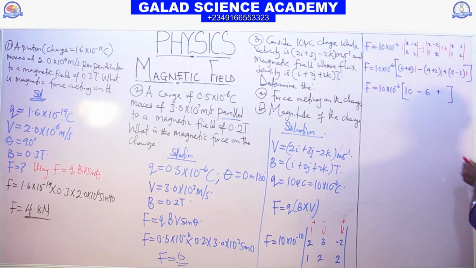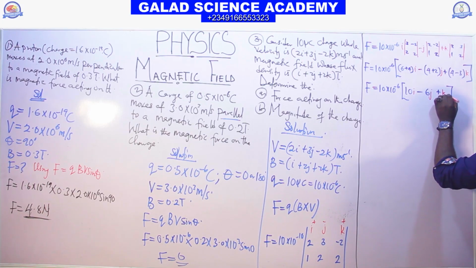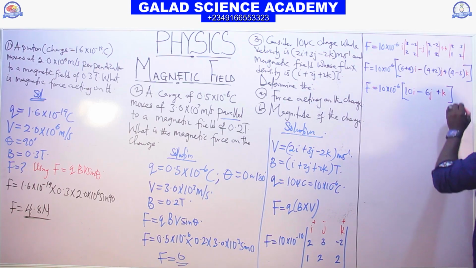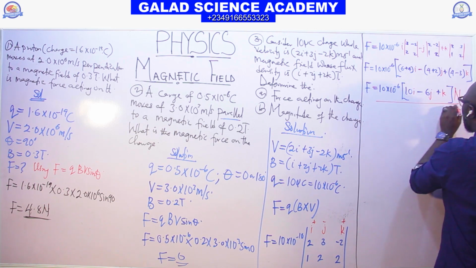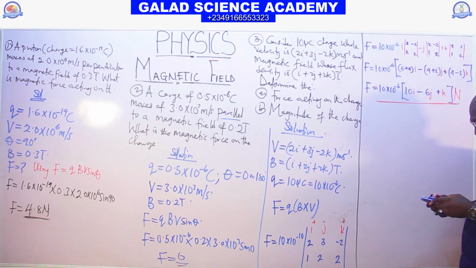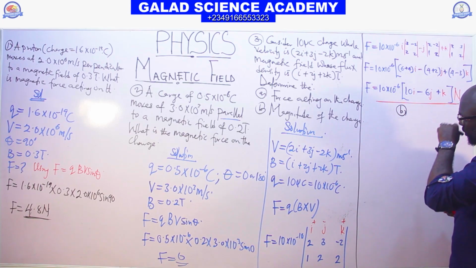So here we have 10i, plus 6j, plus 1k. So this will be the force. The second question, we are now asked to find, question B, the magnitude.